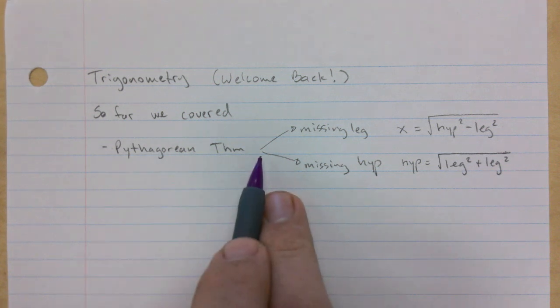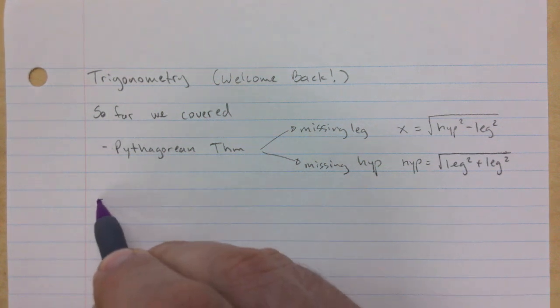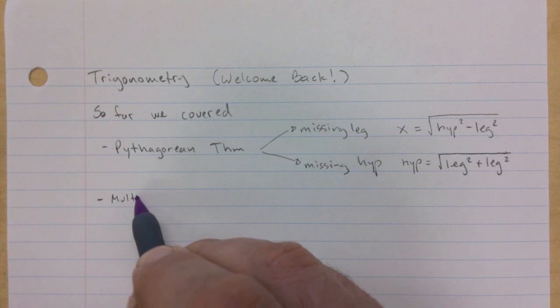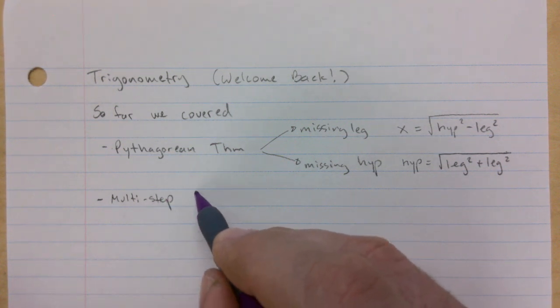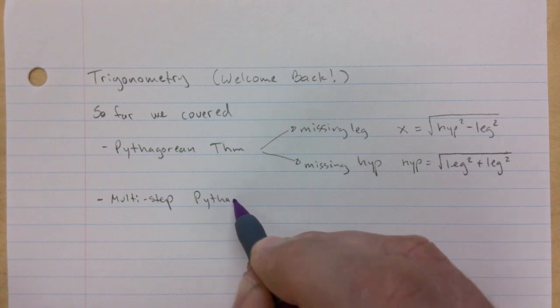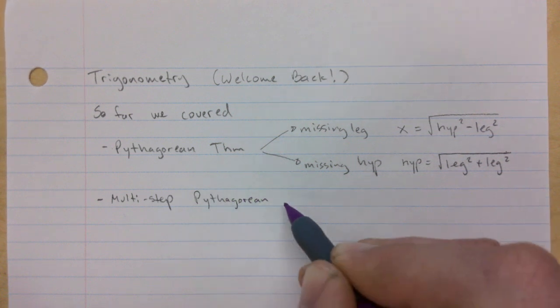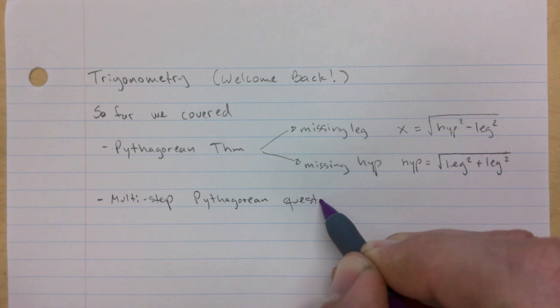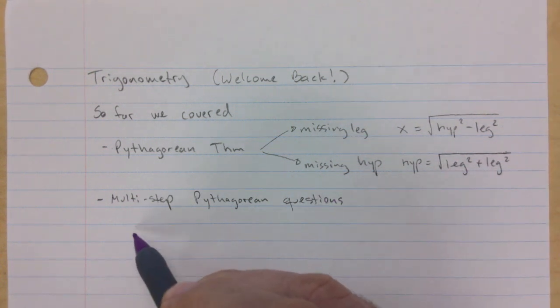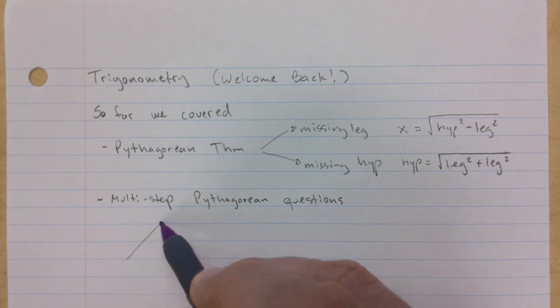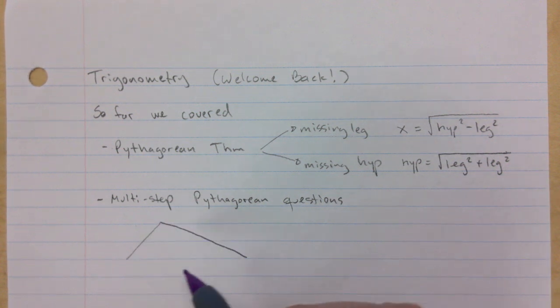So we started with the Pythagorean theorem, then we did multi-step Pythagorean questions, and they look like this, right? At first we started off with something like this.